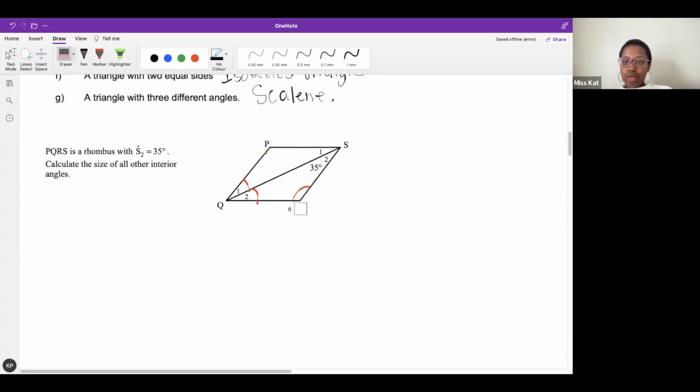First, let's start with what do we know about a rhombus? Oh, Mikhail, S1 will be 35. Why do you say that? What's your reason? Remember, we have statements and reasons. So you're saying S1 is also 35 degrees.